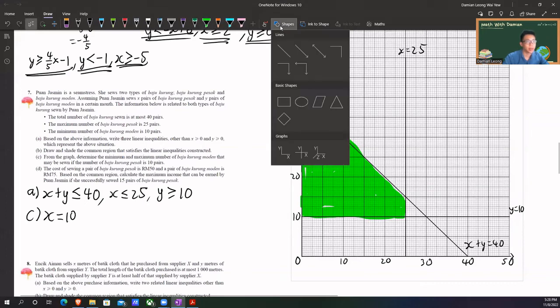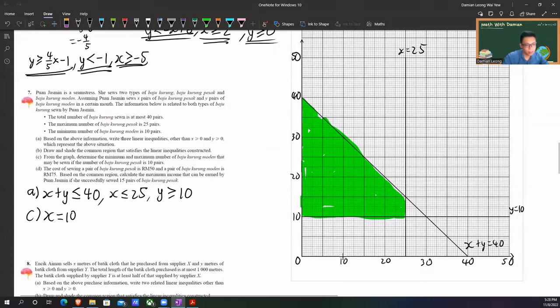So when I have x value of 10 here, you just look at what y can be. It goes from 10 until 30. Means y is more or equals 10, less or equals 30, in between 10 to 30.